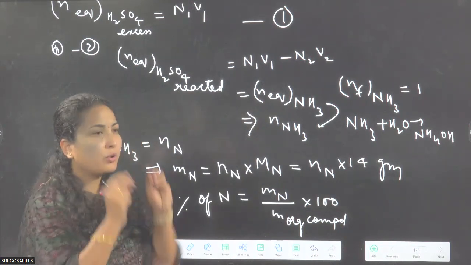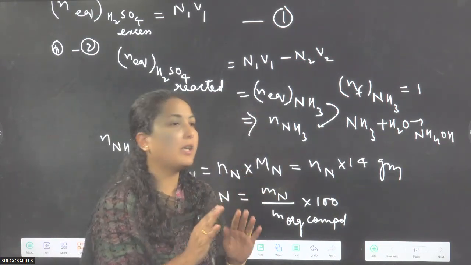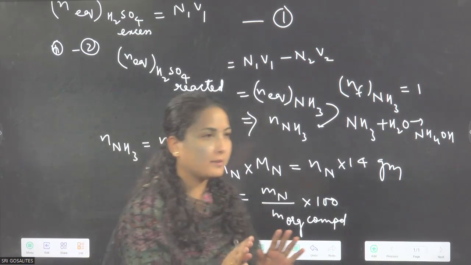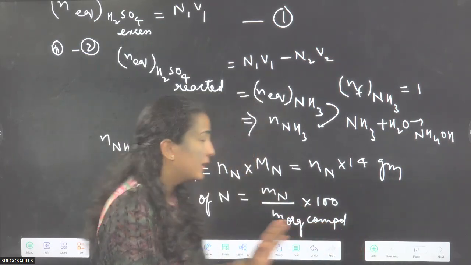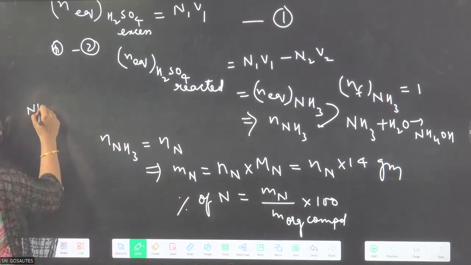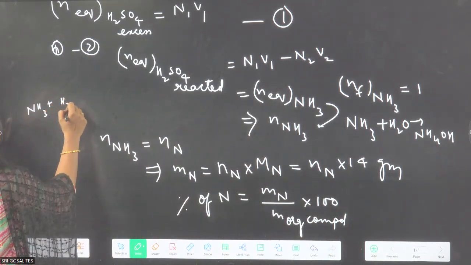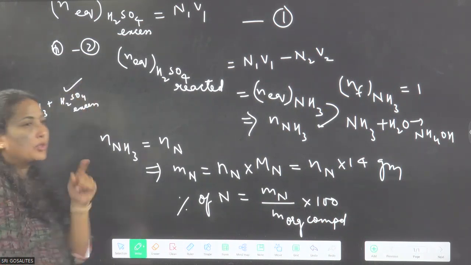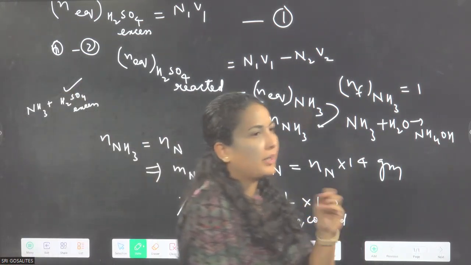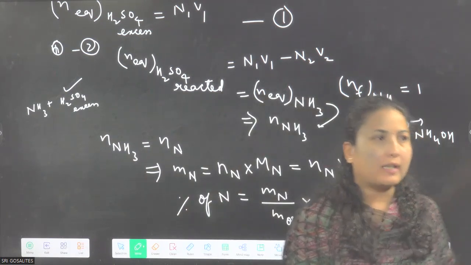Right? So just keep one thing in mind: whenever a question based on Kjeldahl's method is given, if the examiner is kind enough, for the third reaction which I have written now, ammonia plus excess H2SO4, they will directly give you this. So all you need to do is balance the equation and apply the mole-mole analysis.